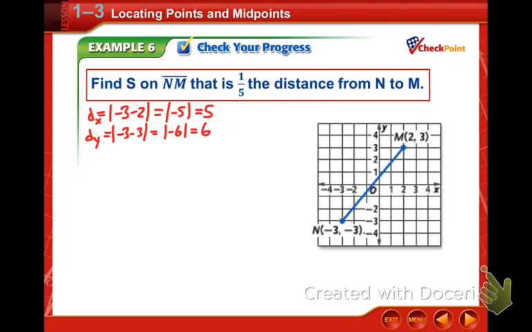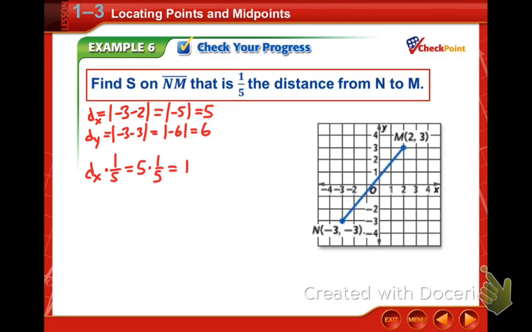Now we take our distances. dx we multiply by 1/5, the fraction away from N that we're looking for. So that's 5 times 1/5, the 5's cancel, and we're just left with 1.